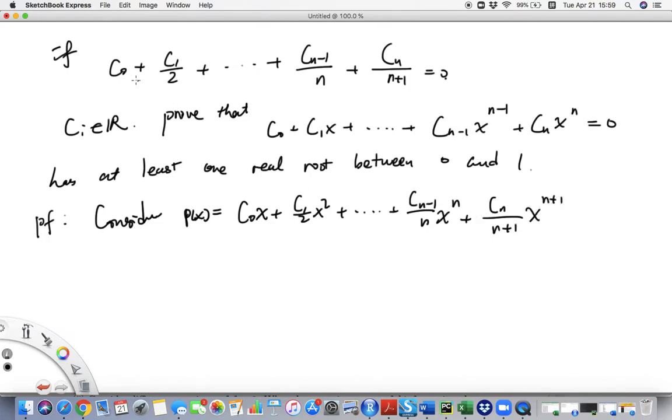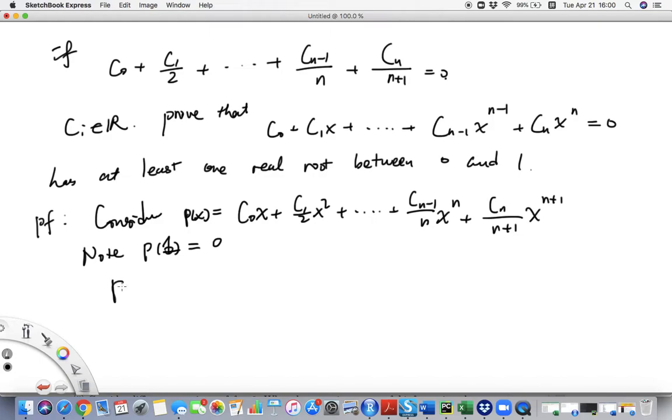Basically here we have x, x squared, all the way to x to the n plus 1. You know that if x is equal to 1, then it's just that, right? So note p of 1 is equal to 0, because p of 1 is just that.